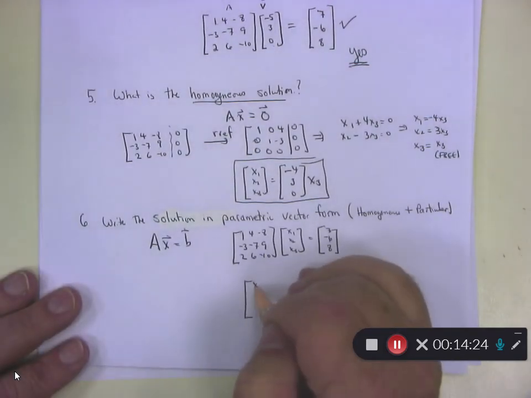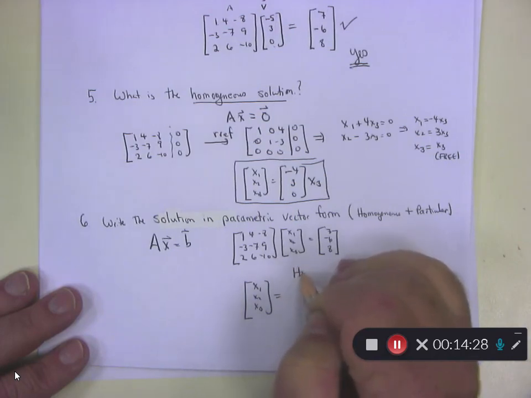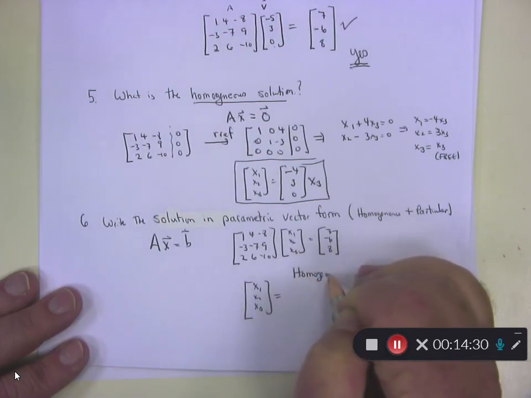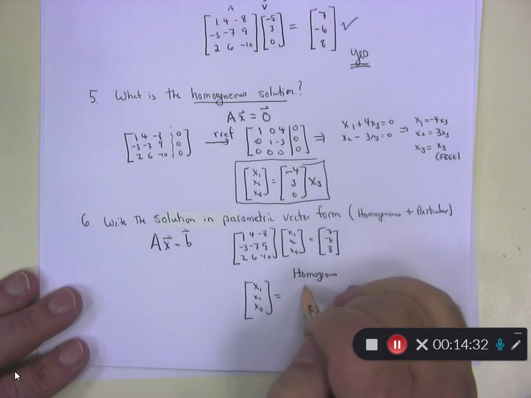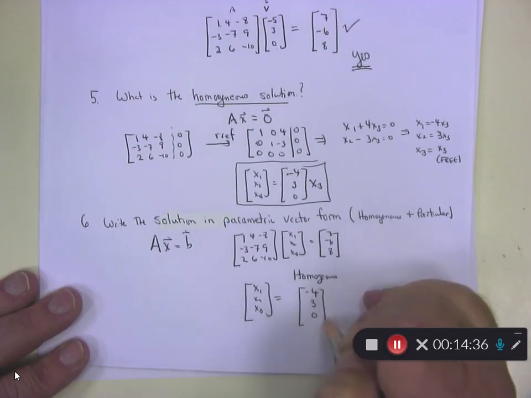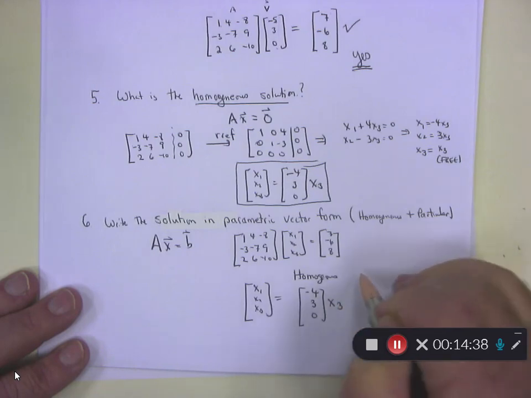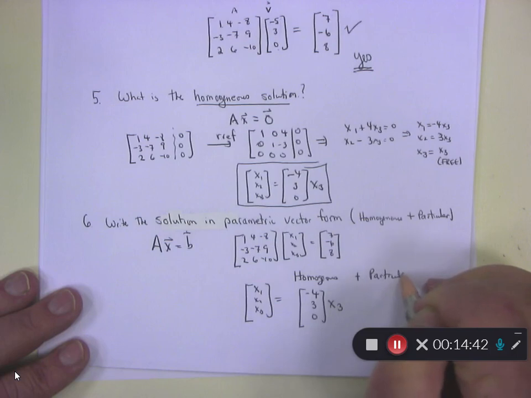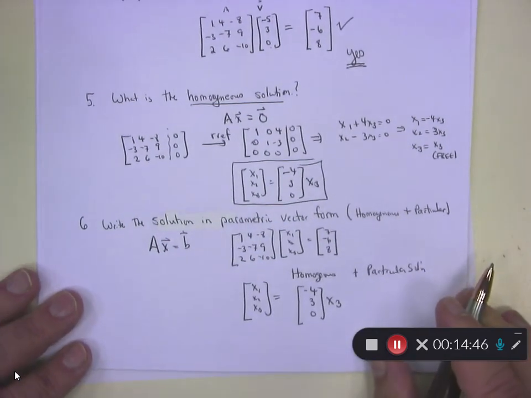When we look at that answer right there, what was x1, x2, x3 equal to? It's actually the homogeneous equation, which we just did, which was this negative 4, 3, 0 times x3, plus what we call the particular solution. What was my particular solution on this one?